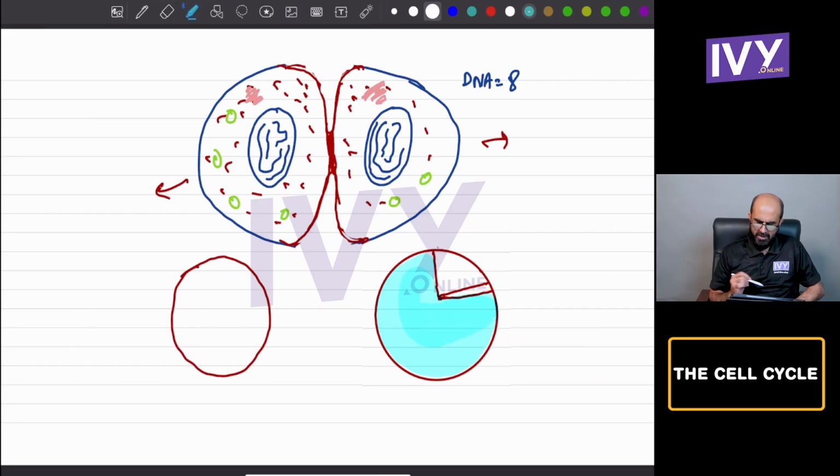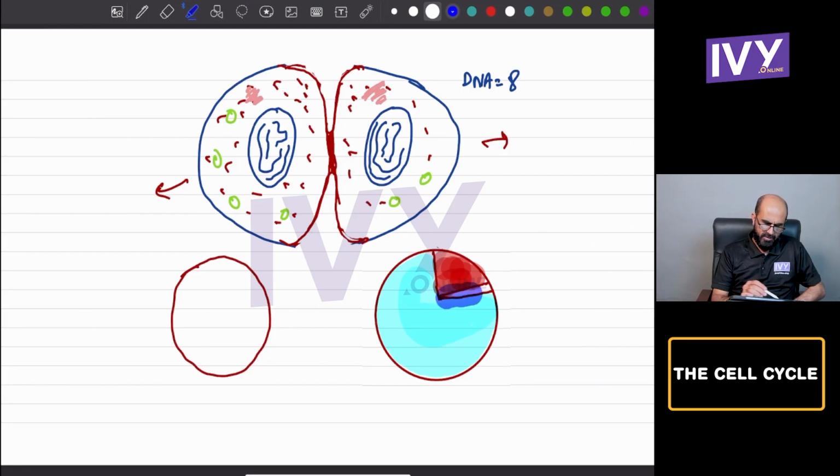This is the interphase. And here is the mitosis. And the rest of the part is cytokinesis.